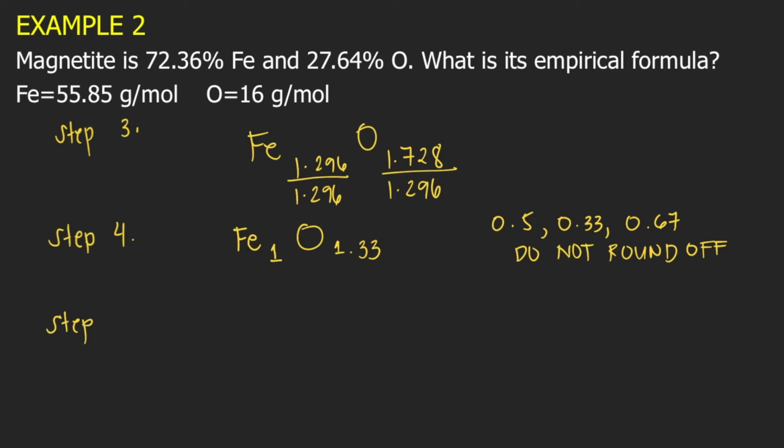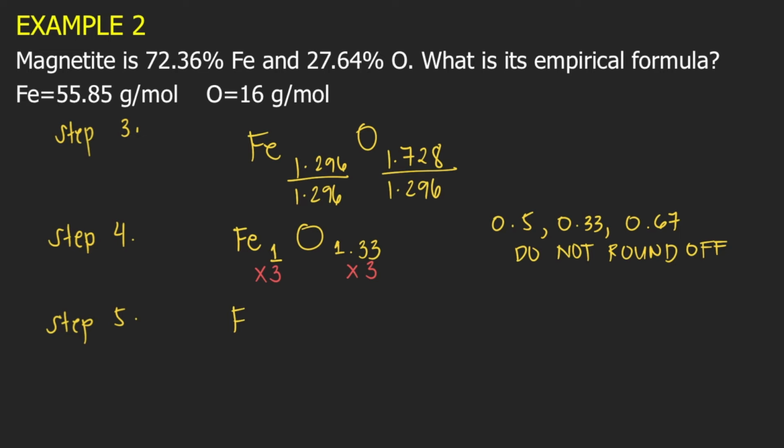And in step number 5, we will get rid of the 1.33. How? Again, I taught you in the previous video, if you have 0.33, you multiply all the subscripts by 3. So you do 1 times 3 and 1.33 times 3.